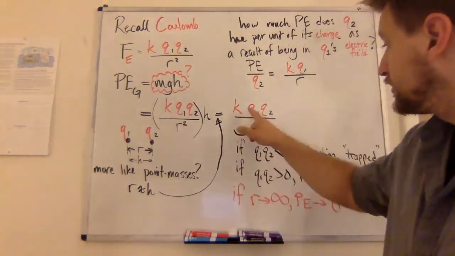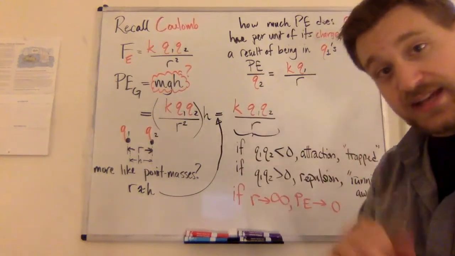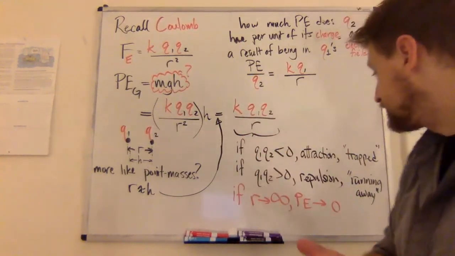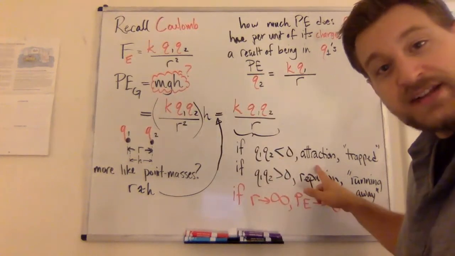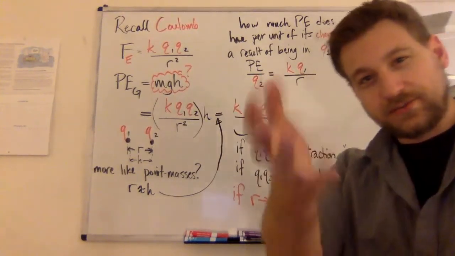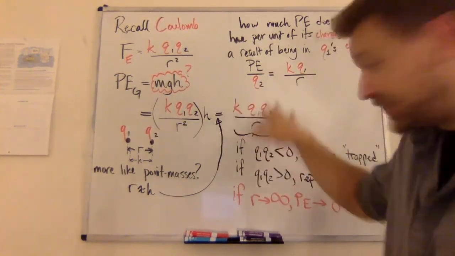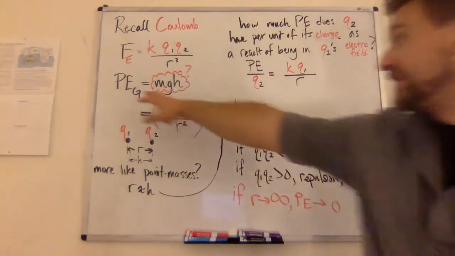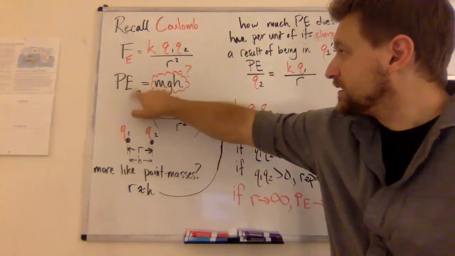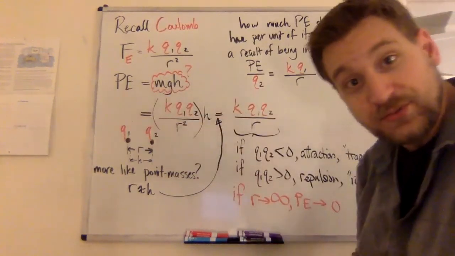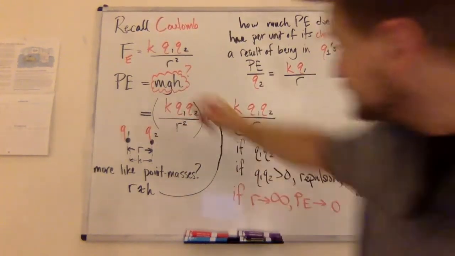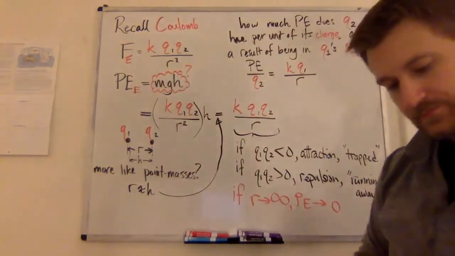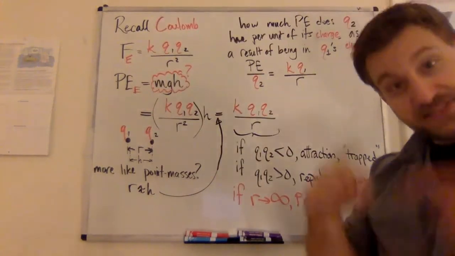If Q1 and Q2 are of opposite sign, then the product is going to be negative. And that means attraction, just like we saw when we talked about gravity. If the resulting product here is negative, that means the potential energy, not due to gravity, but due to the electrostatic interaction, is negative.